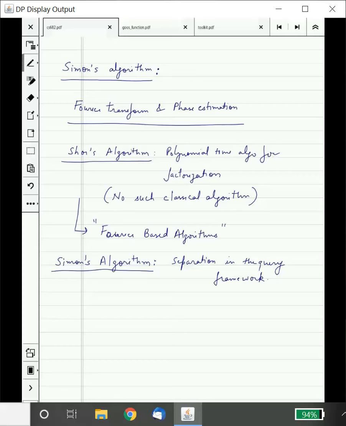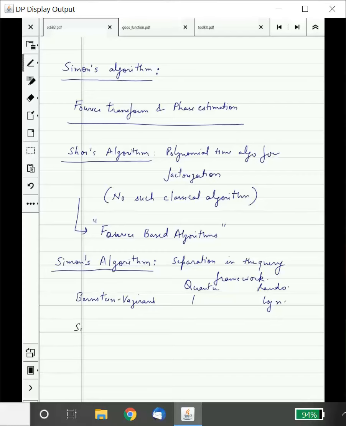Specifically, if you look at Bernstein-Vazirani algorithm, it was solved using just one quantum query, but it required at least log n randomized queries. You might say that this is not much, this is just the ratio of log n.